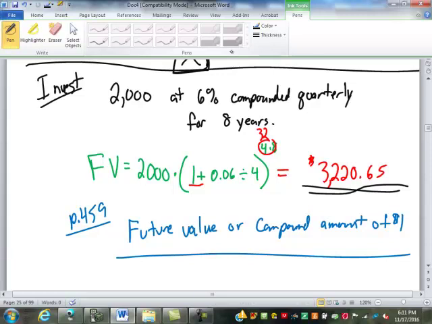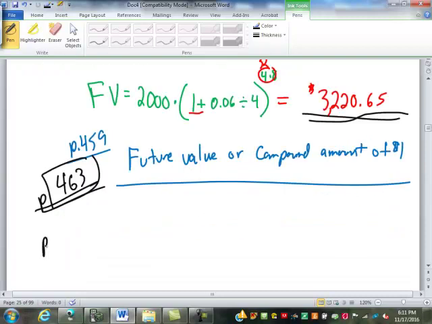My book goes from 425 to. Yeah, it'll skip pages. That would be the one on your copy. It's 463. Okay. So page 463. That says future value or compound amount of $1. On that table, though, you'll see that down the left side, it says periods. And on top, it says rate per period.